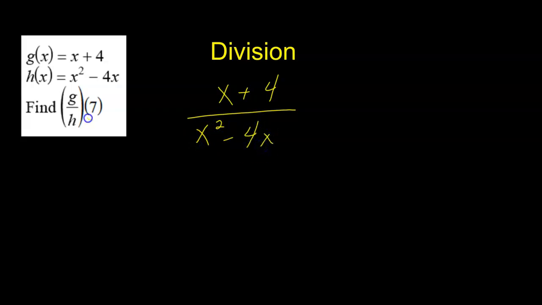But now for this one, they're asking us to plug a 7 in. So just plug in your 7. So the top becomes 7 plus 4, and the bottom becomes 7 squared minus 4 times 7.